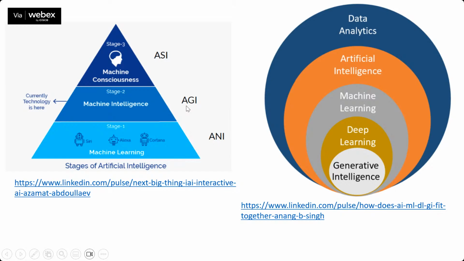AGI is nothing but general intelligence, but at the same time, we have made pretty good advances in the concept of machine intelligence. Okay, and the ultimate machine learning utopia or grand plan would be when we can actually achieve artificial super intelligence. Okay, where machine consciousness comes into the picture and machine capability goes beyond human capabilities as well.